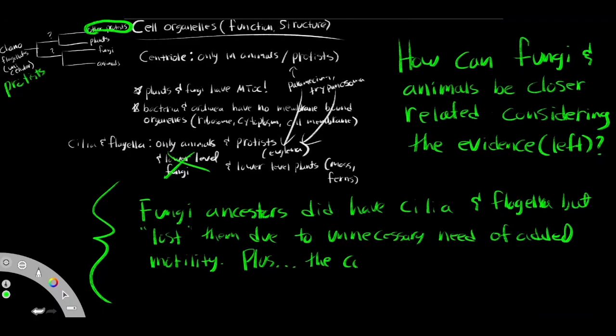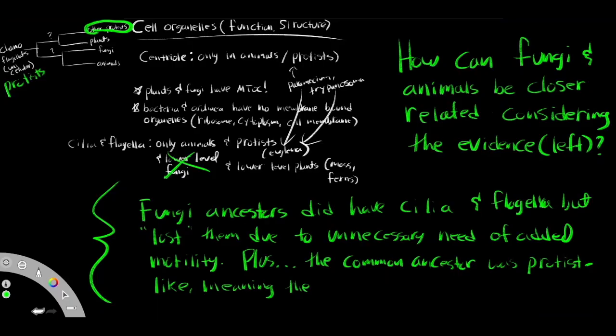Plus the common ancestor of them all above. Protist-like, meaning the organelles are in a gray area.